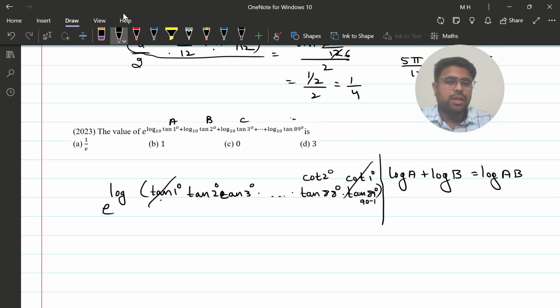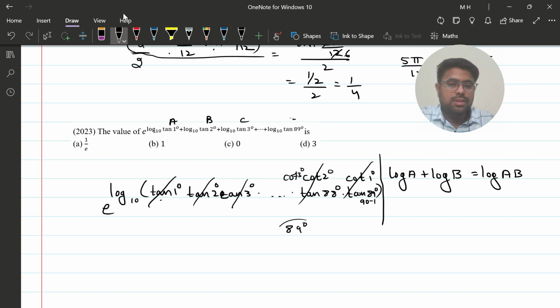Tan 1 and cot 1 get cancelled. Tan 2 and cot 2 get cancelled. It is the end terms and then the penultimate terms that are going to get cancelled. Now, if I keep on cancelling, tan 3, cot 3 are going to get cancelled. So how many terms are here? There are 89 terms.